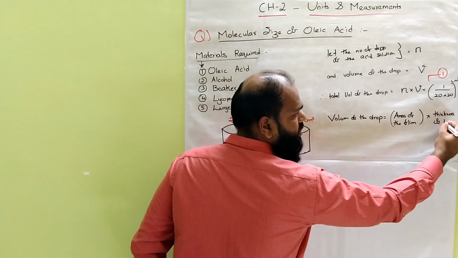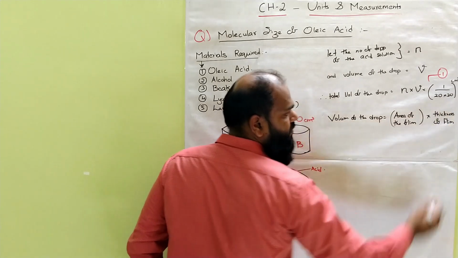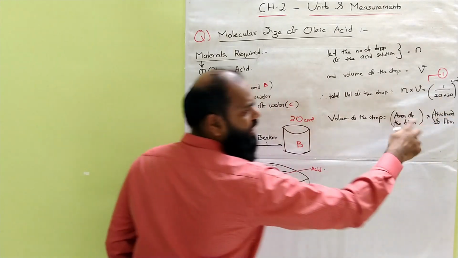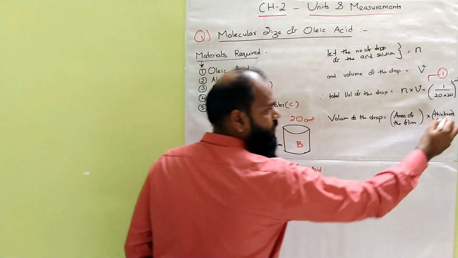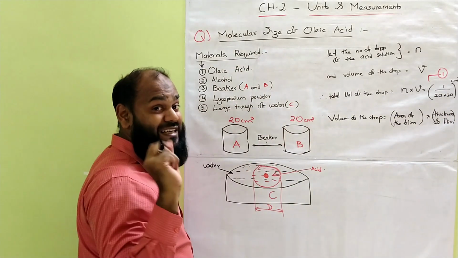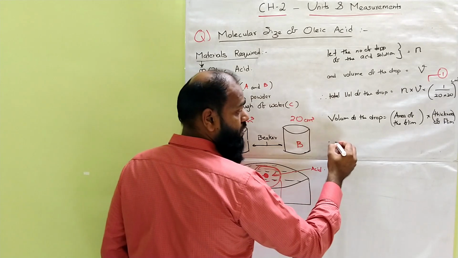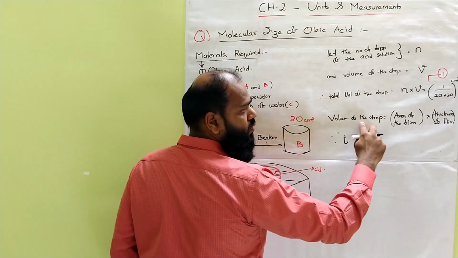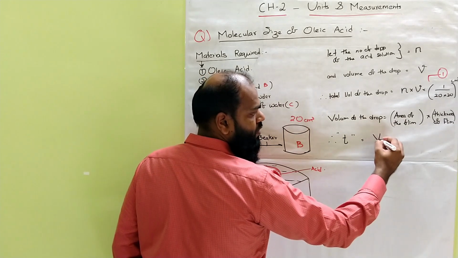Thickness of what? Thickness of the film. Alright. So volume is equal to area into thickness. This is the formula we know. Now we need to find the molecular size, which is nothing but the thickness of the film. Therefore, thickness T equals volume divided by area.